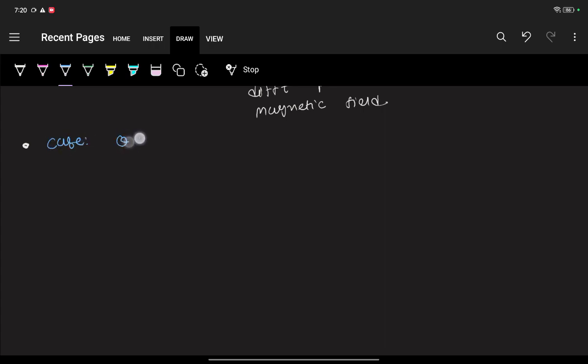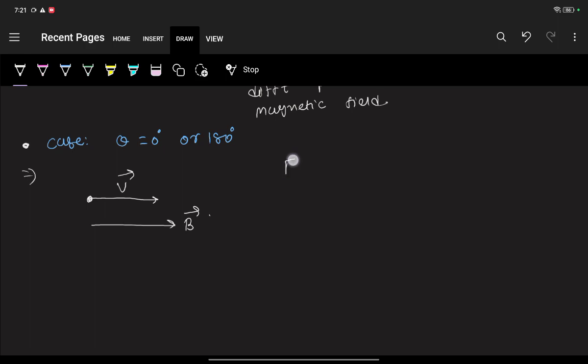So first case, when theta is 0 degree or 180 degree, that means the particle is traveling in this direction and the magnetic field is also in this direction. In this case, what trajectory is it going to make?